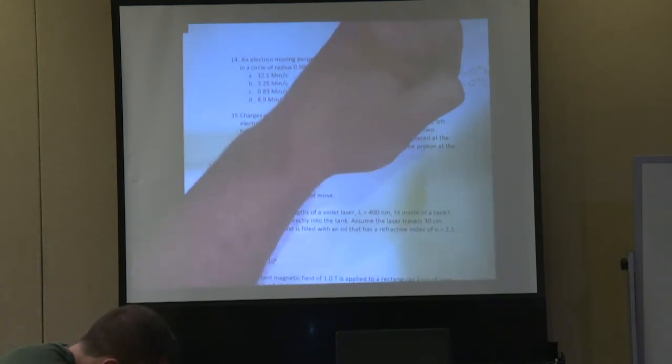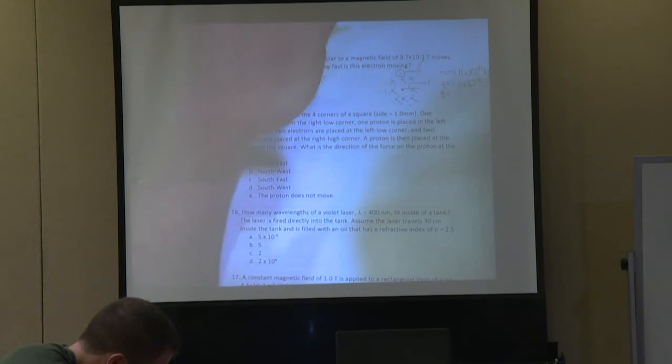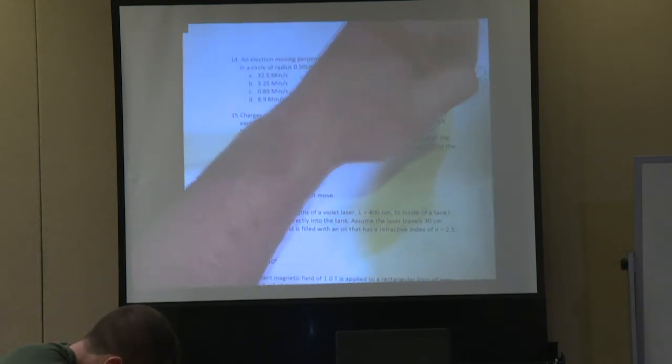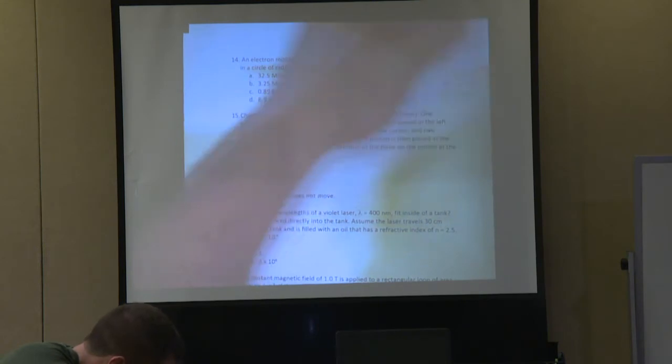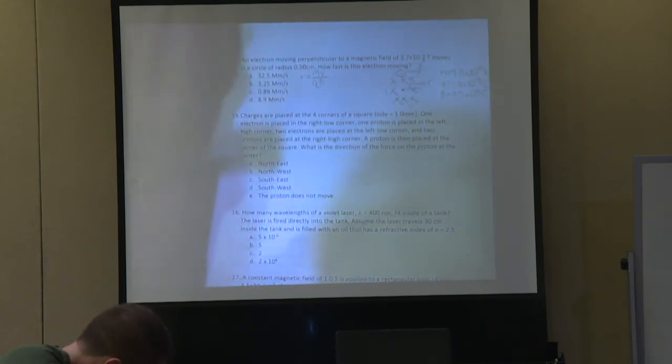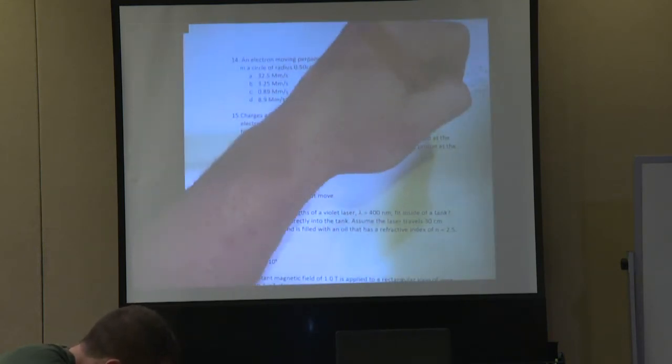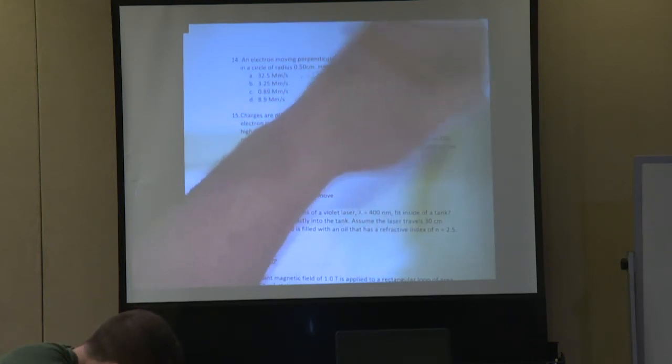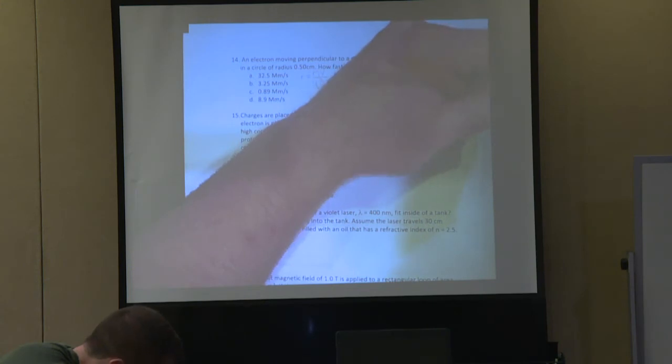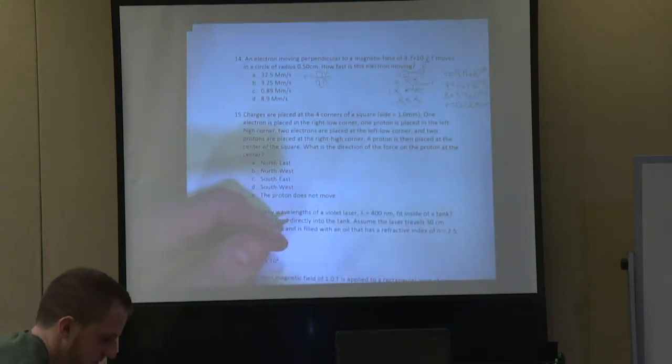Magnetic field, B equals 3.7 times 10 to the negative 2 Teslas, and radius equals 0.005 meters.